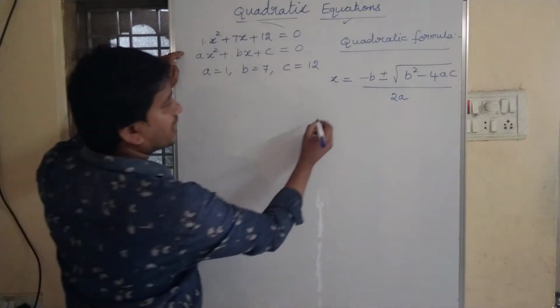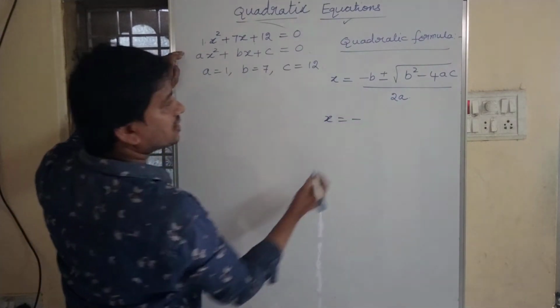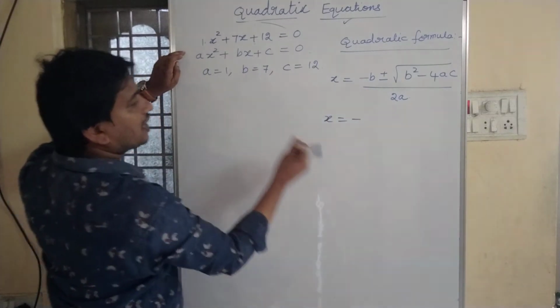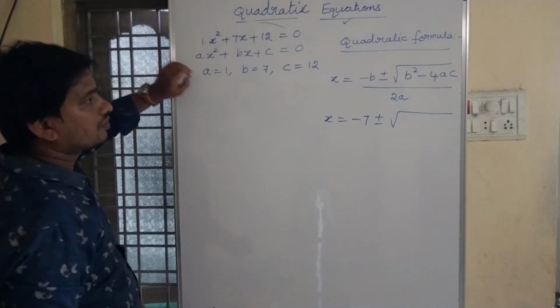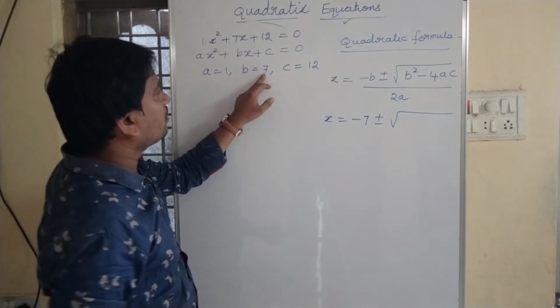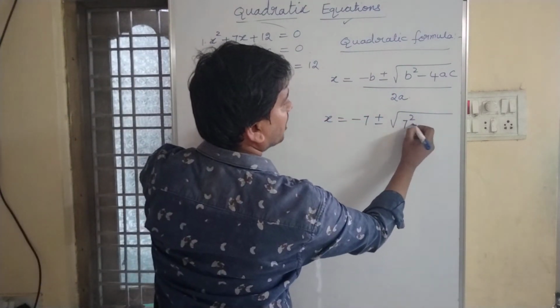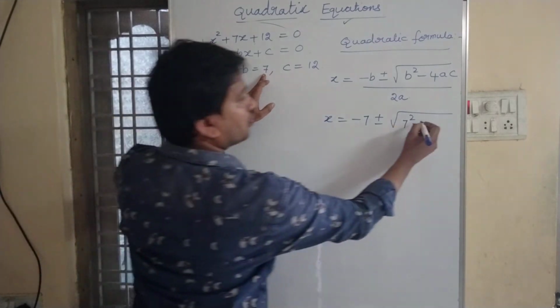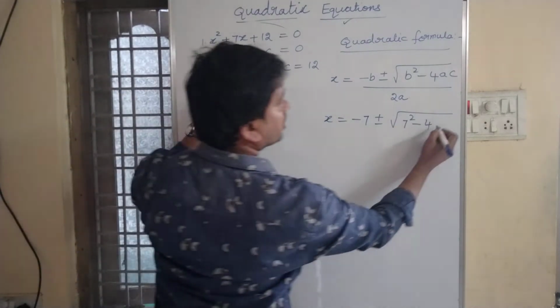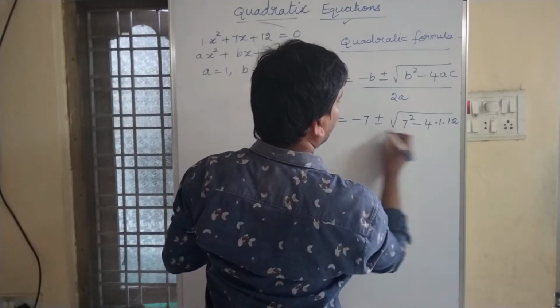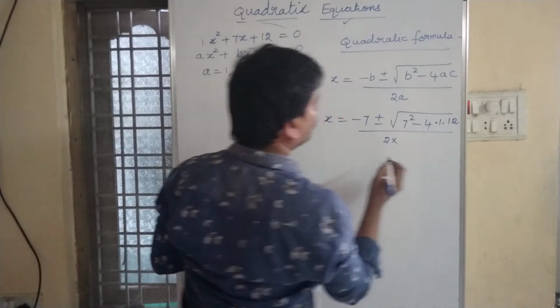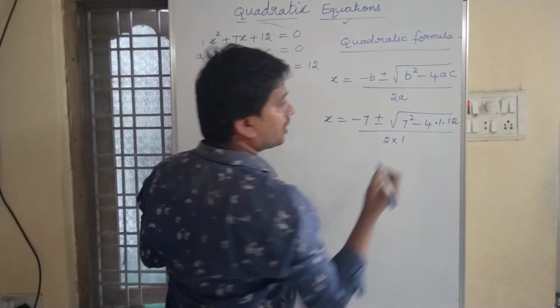Okay children, so x is equal to minus, what is the value of b? b value is 7, plus or minus square root of b square. What is the value of b? b value is 7 square minus 4, a value is 1 and c value is 12, divided by 2a. 2 into, what is the value of a? a value is 1.